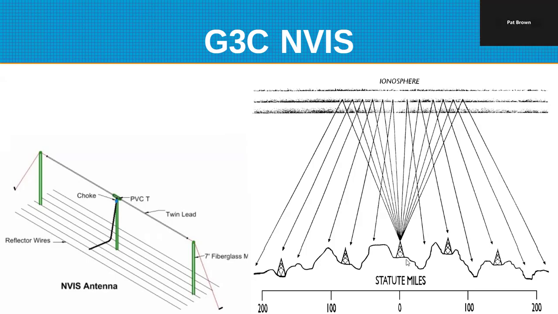It allows you to be down in a valley, for instance, and talk to somebody on the other side of that hill or mountain where you couldn't do it line of sight and you couldn't do it by normal HF means because the hops would be too long. So here you're looking at communications up to around 200 miles.